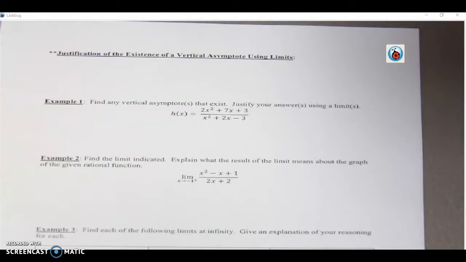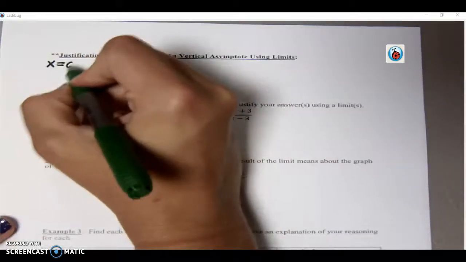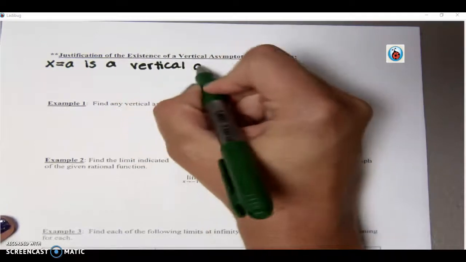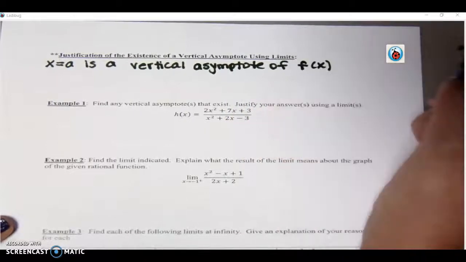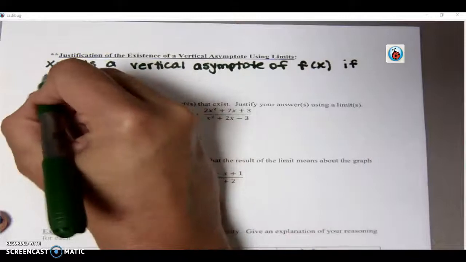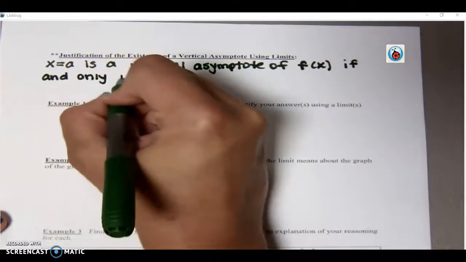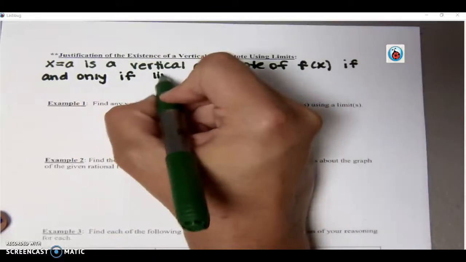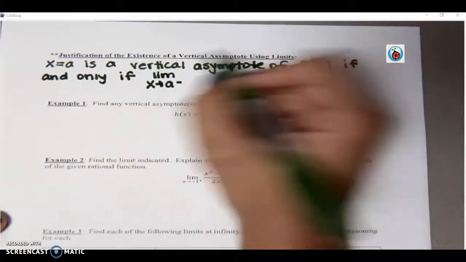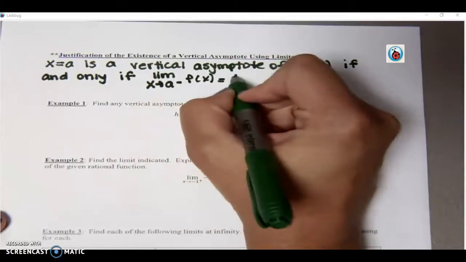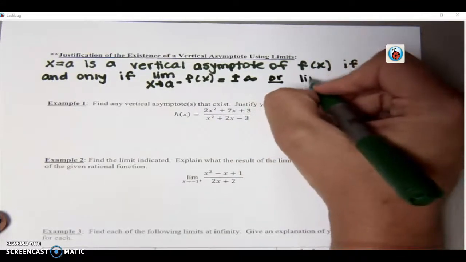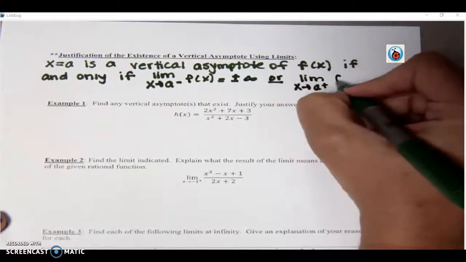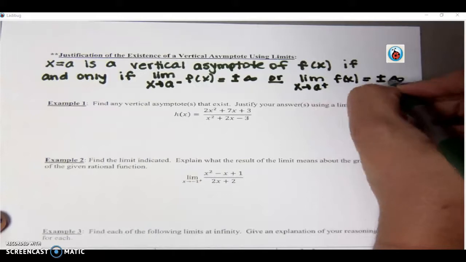What this says is x equals a is a vertical asymptote of f of x if and only if the limit as x approaches a from the left of f of x equals either positive or negative infinity, or, so that means they don't both have to be true, only one has to be true, the limit as x approaches a from the right of f of x equals positive or negative infinity.